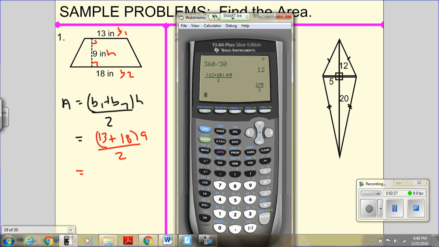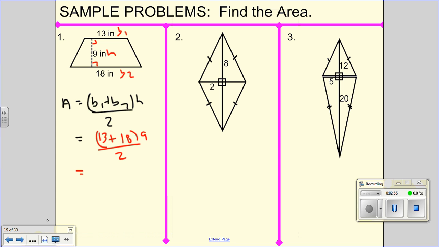And then it's going to give you a fraction every time you do that. So then you could hit second, answer, and then math, 2 to turn it to a decimal. So the area for this trapezoid is 139.5 inches squared.